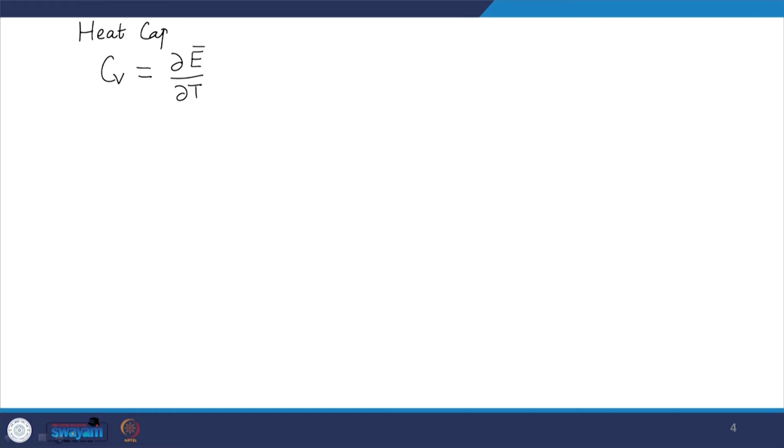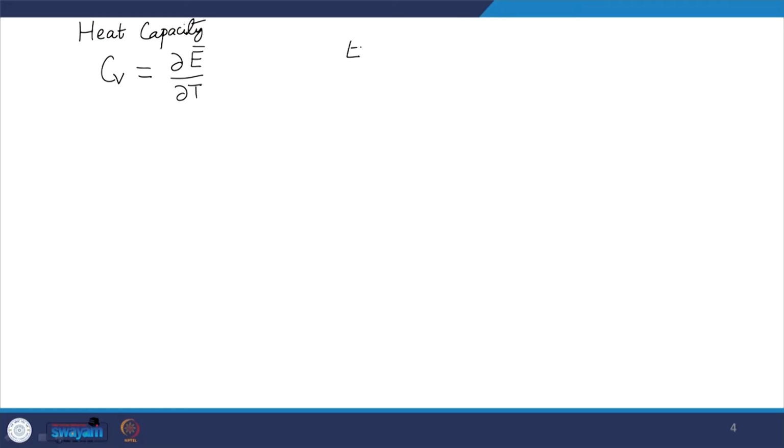When I define a specific heat, it is per unit number of particles. In this case, we are doing the heat capacity that is extensive in nature, it depends on quantity. So, E bar we already have seen, it is 3/2 N kB T, and therefore, CV is given by 3/2 N kB.